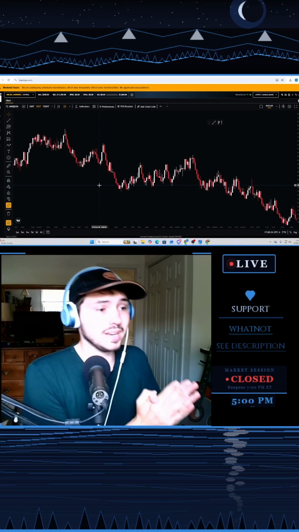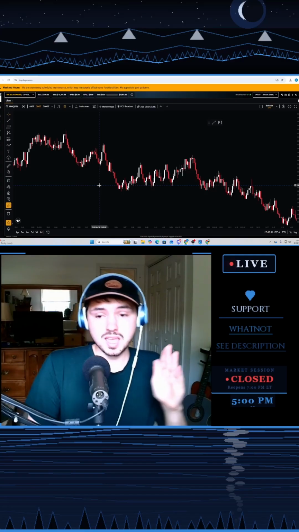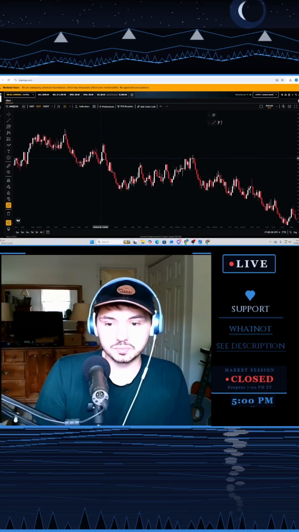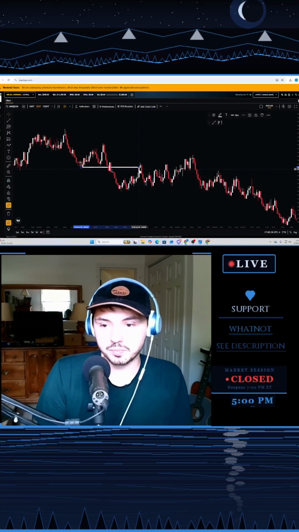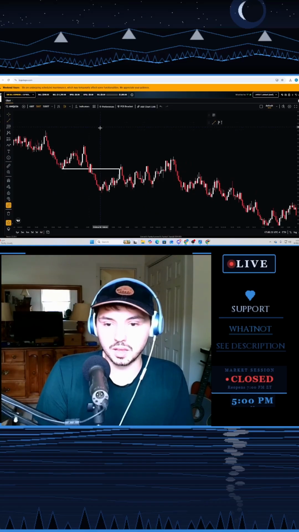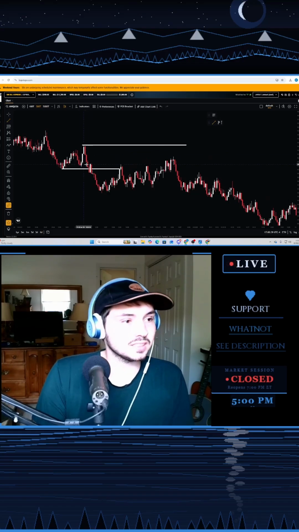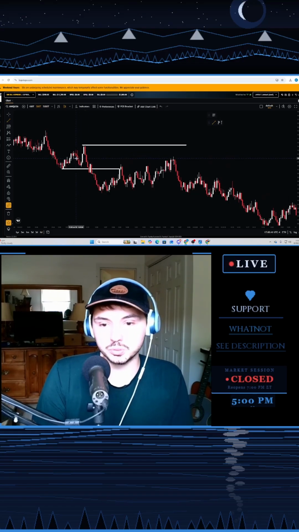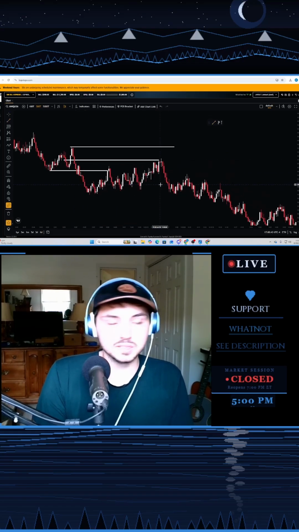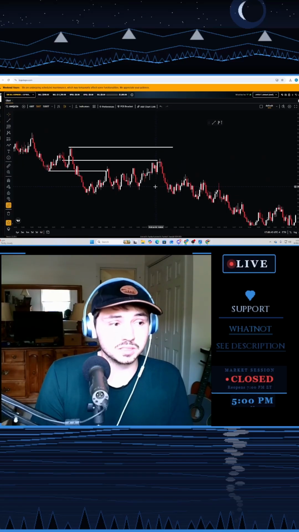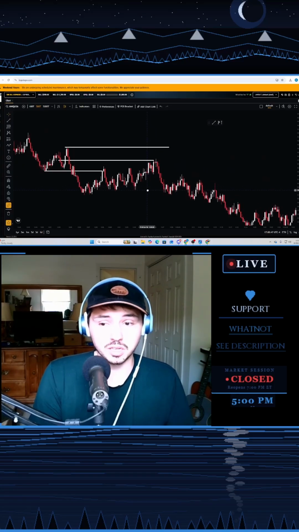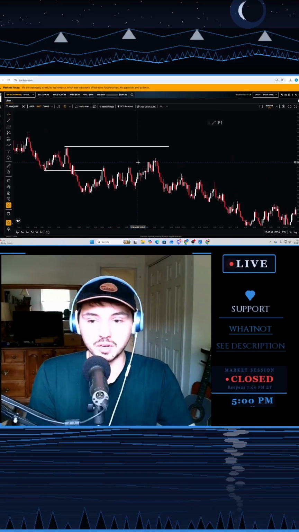So when an area has been tapped, for example right here, and we have a previous high right here, I need to see whatever retest comes into this zone at least come up to the 50% area to count as a full retest for my specific strategy. If I do not see that, it's not giving me enough confirmation.